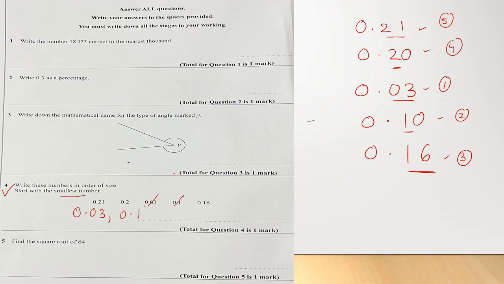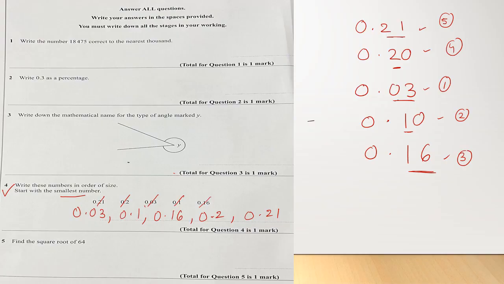Then next is 0.16. You're going to copy the same. Then you have 0.2, spot where 0.2 is. You have 0.2 here, so you will write 0.2, and then you have 0.21. Here you go. Now you can see you have written them in order of their size.